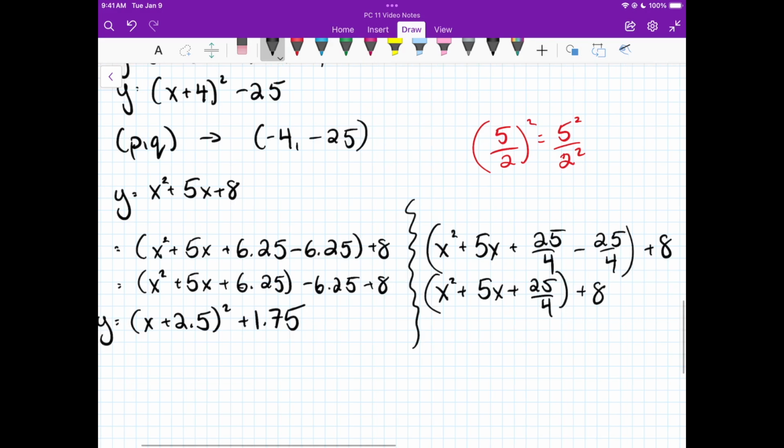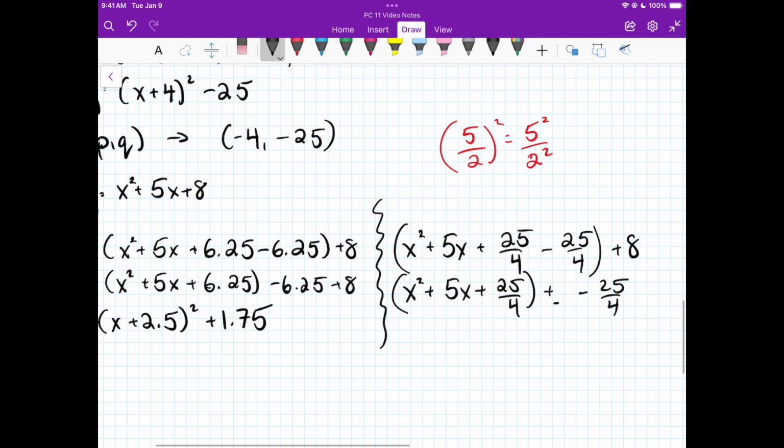And then to finish things off, we have to keep in mind that we are trying to combine a whole number and a fraction. So remember, your fraction addition, you need to have common denominators. So I'm going to actually take that 8 and I'm going to swap it out. So our common denominator for 1 and 4 is going to be 4, and our 8 is now going to be a 32. So remember, you just have to multiply the top and bottom by 4 to make things match.